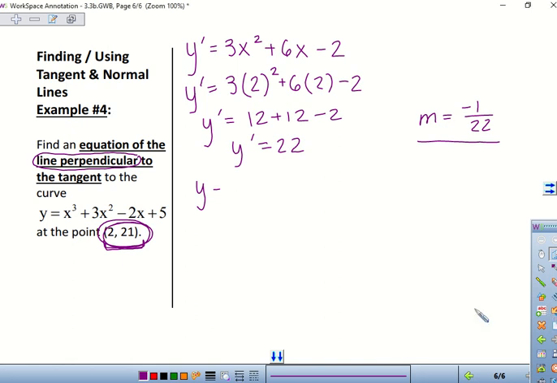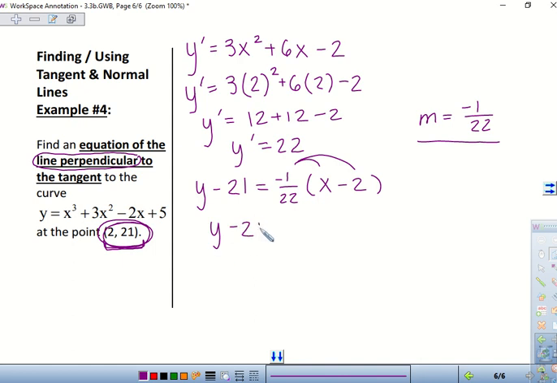I guess I don't need to write the point slope formula out, you guys know it. y minus y1 is equal to m times x minus x1. This gives you y minus 21 is equal to negative 1/22 x plus 1/11. Add 21 to both sides.